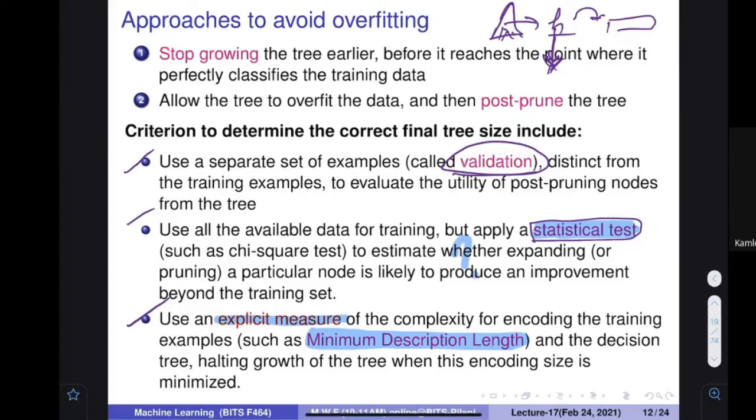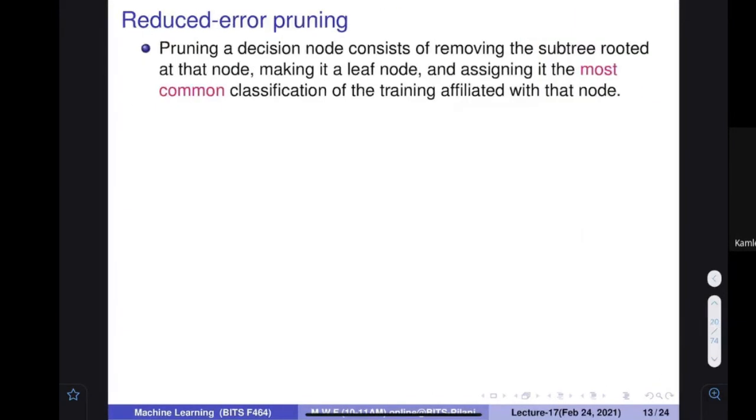A better method could be to use information theoretical views, such as minimum description length or other theoretical methods that tell you how good your learned model is based on those metrics. If you are going to improve that metric, then you grow, otherwise you stop. These are three methods by which you can stop this kind of problem.